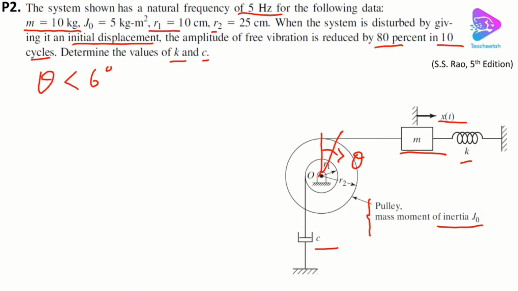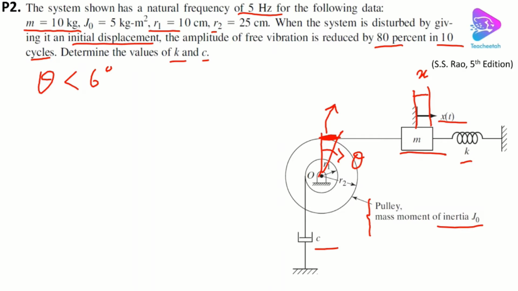So let's look at this. This is the linear, translational motion at this point when we have a small theta, which is in fact x. If this mass moves by an amount x, it makes the pulley rotate by theta, and this displacement is also x.